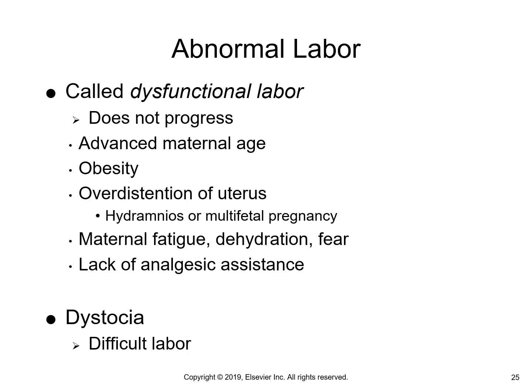Then you can also have hydramnios, which is a lot of amniotic fluid, or a multi-fetal pregnancy with twins, or more fetuses inside, maternal fatigue, dehydration and fear, and lack of analgesic assistance.